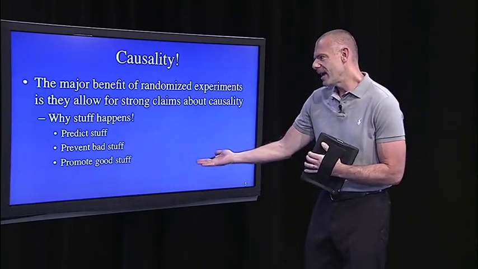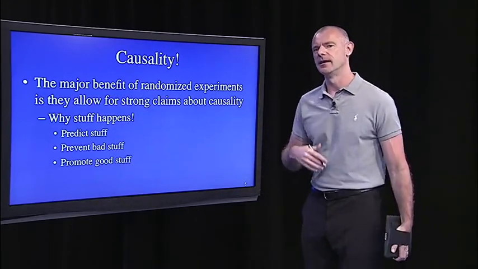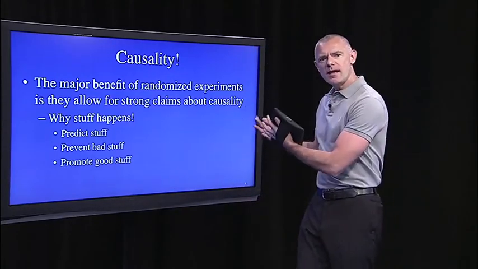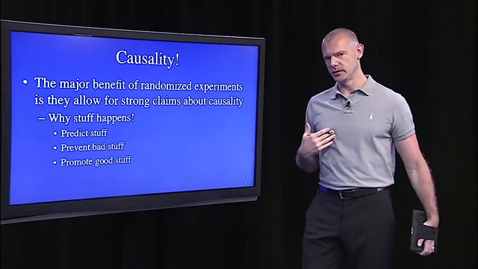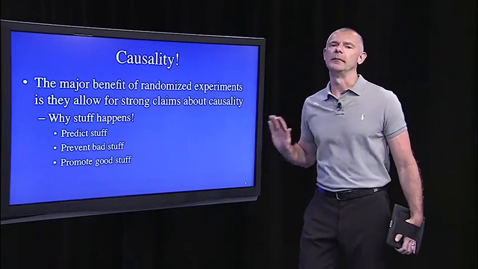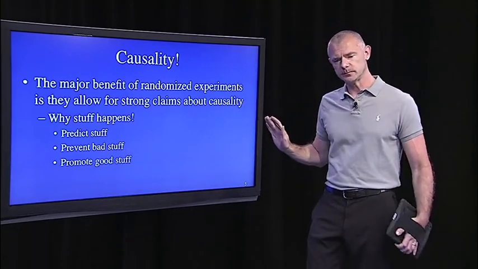So I can prevent picking bad stuff and I can promote getting good stuff. And randomized controlled experiments allow me to do that because they allow us to make claims about causal mechanisms.